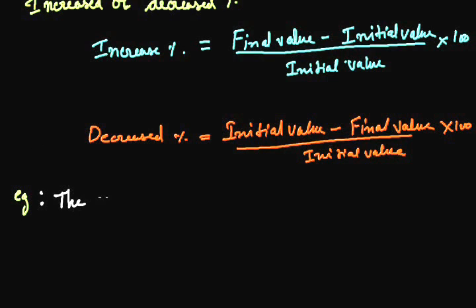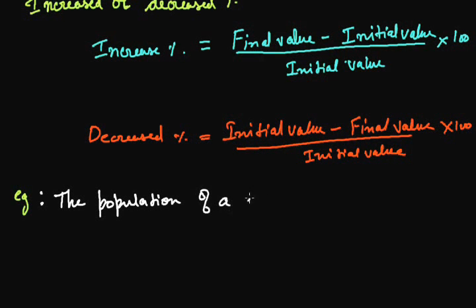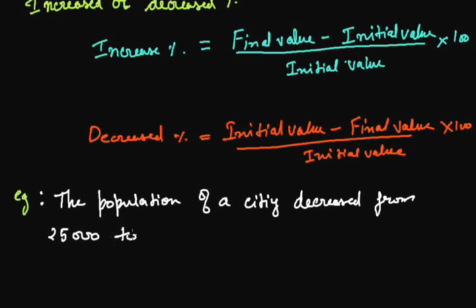The population of a city decreased from 25,000 to 24,500. So we have to find the percentage decreased.